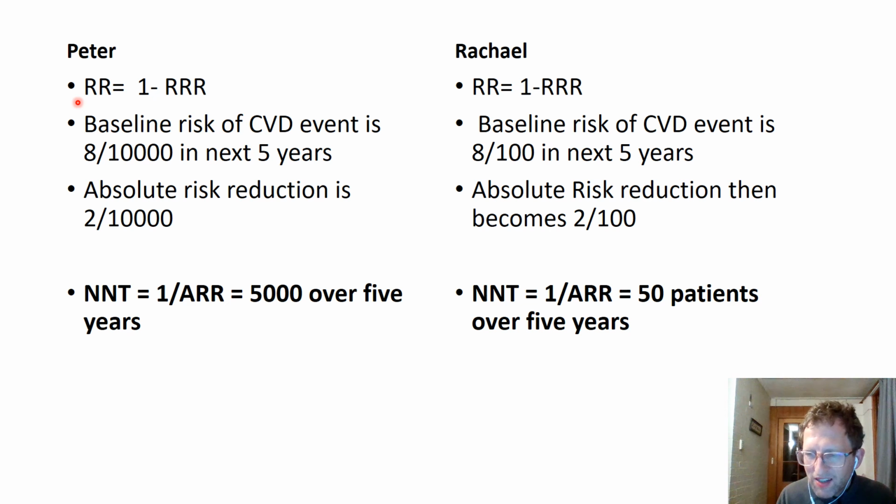So if you think of it, it's saying the same thing, it's just expressing it in a slightly different way, and mathematically it's, relative risk is 1 minus the relative risk reduction. My preference is to express things as relative risk reduction, but the problem is if you look at a study, they might use RR, so it's good to know what those terms are.